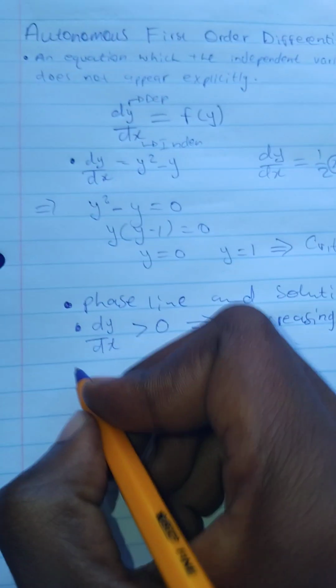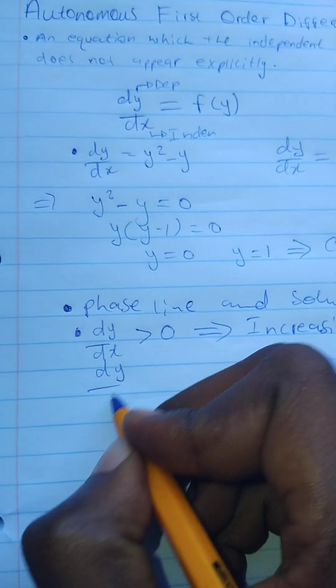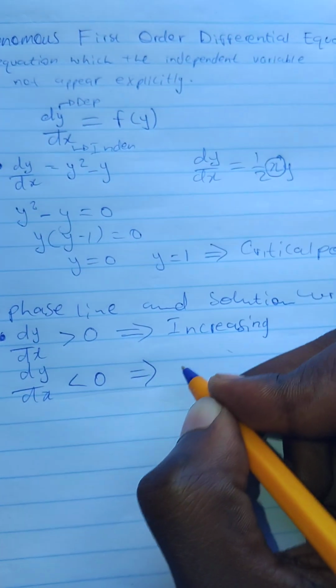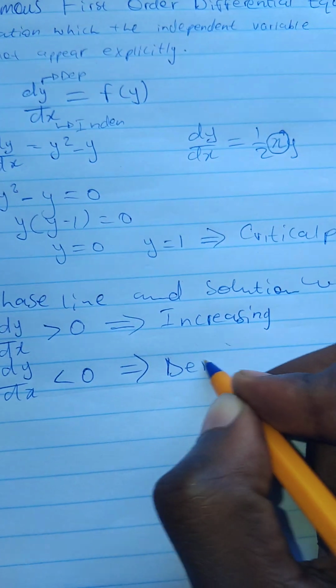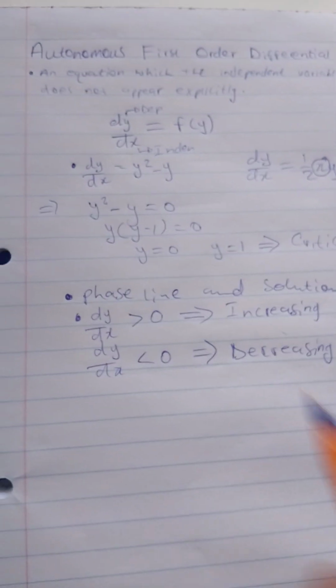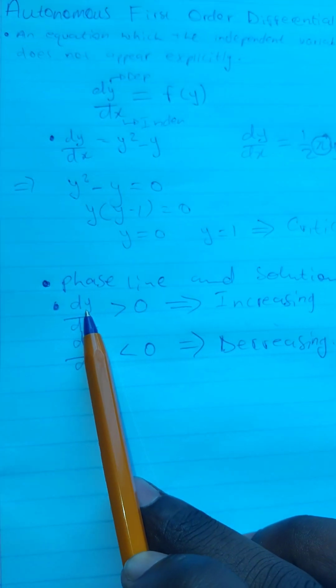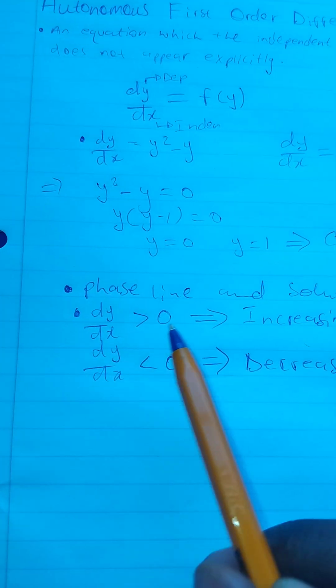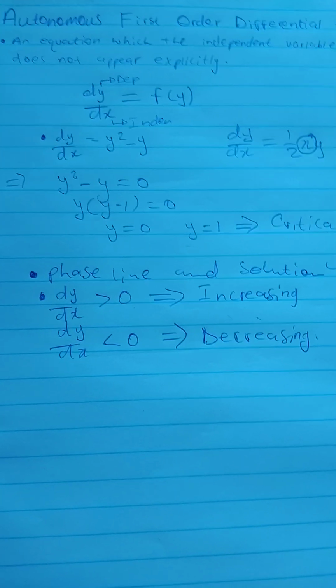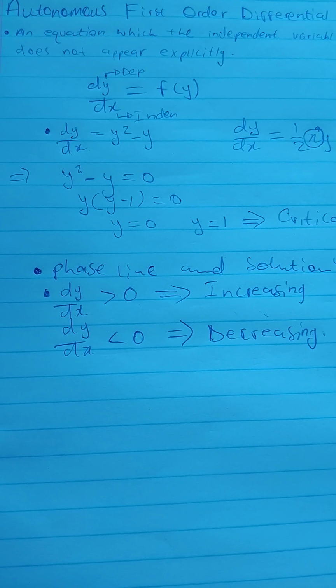And also keep in mind that if it is negative, that means it's less than 0, then it is decreasing. So if our derivative is greater than 0, you have an increasing function. If it's less than 0, we have a decreasing function, just like that.